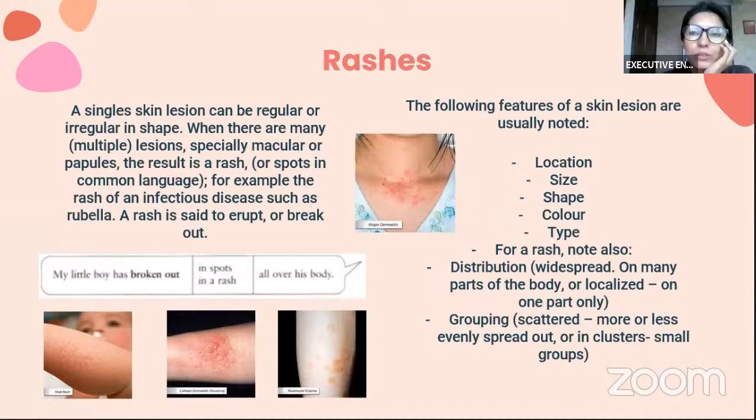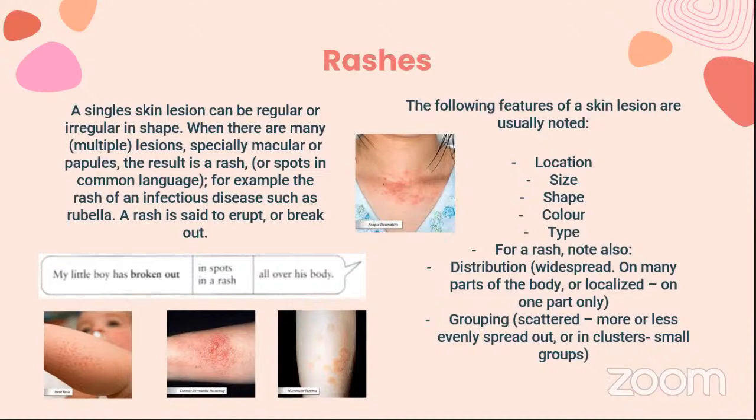I don't know if Carla or Salome can add something. Probably the number, like we have five lesions or something.